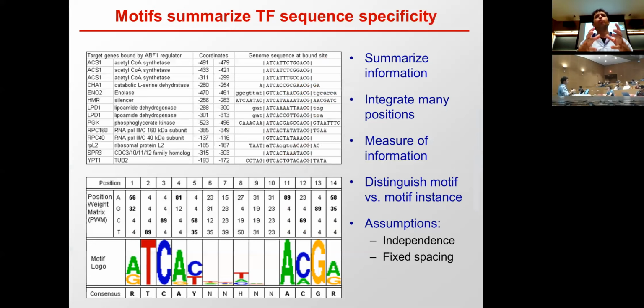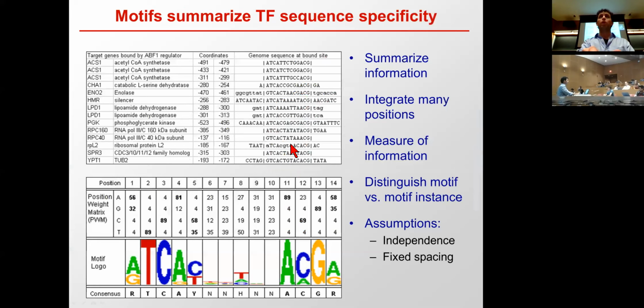There's also footprinting, which allows you to digest the bound protein and DNA complex, digest the DNA away, and whatever does not get digested is where the transcription factor was sitting. You can use that to find where it was sitting each time, but that doesn't give you the motif. That only gives you the precise coordinates of binding.